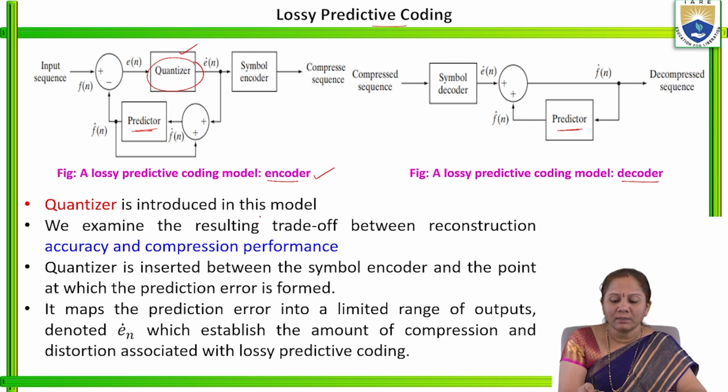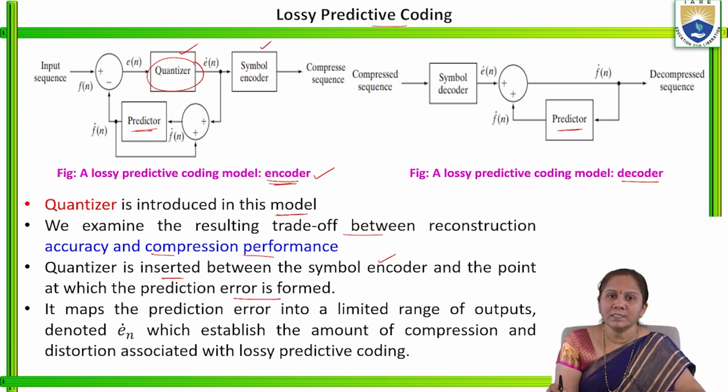This quantizer is one of the important blocks introduced in this lossy predictive coding model. What is its function? We examine the resulting trade-off between reconstruction accuracy and compression performance. Here the quantizer is inserted between the symbol encoder and the point at which the prediction error is formed.